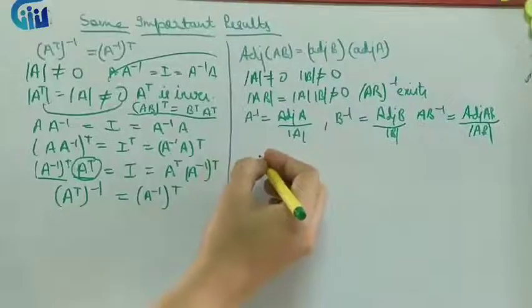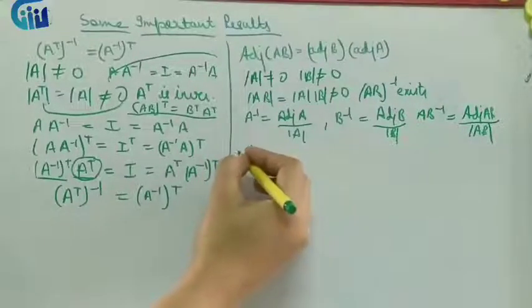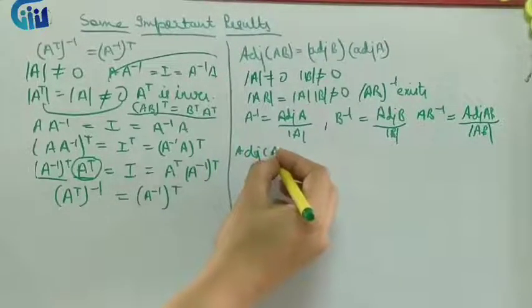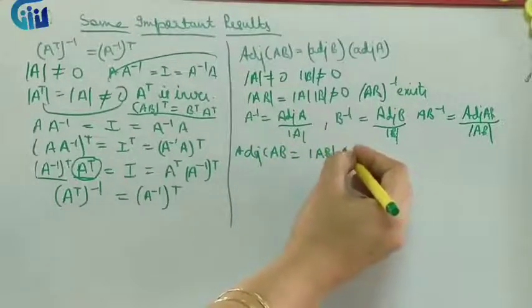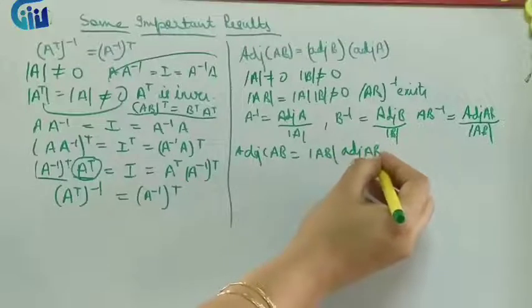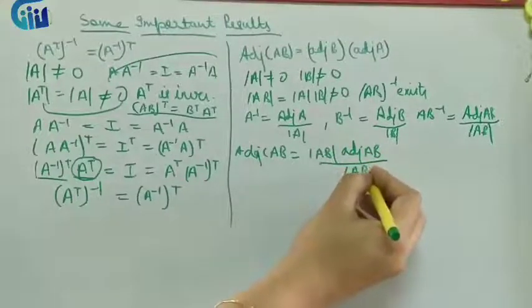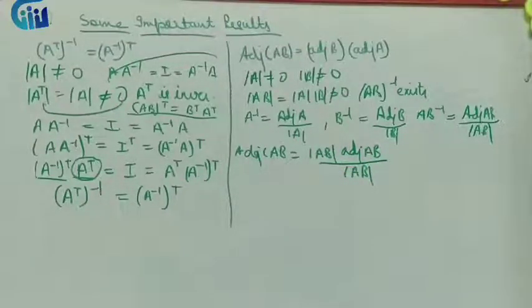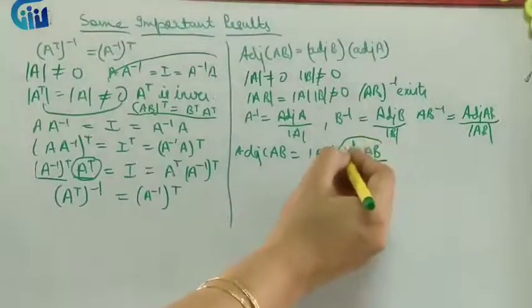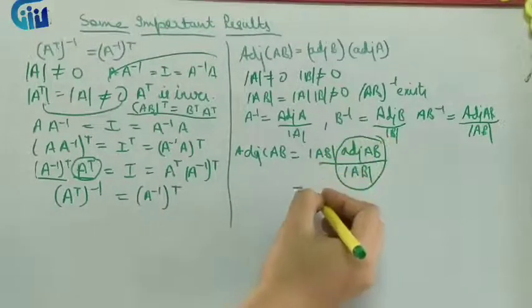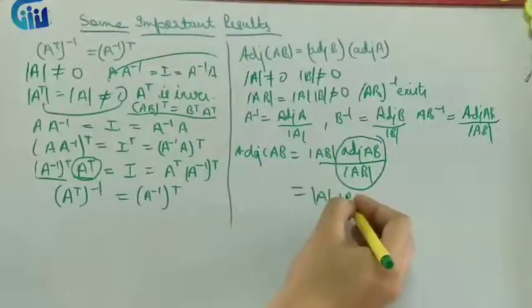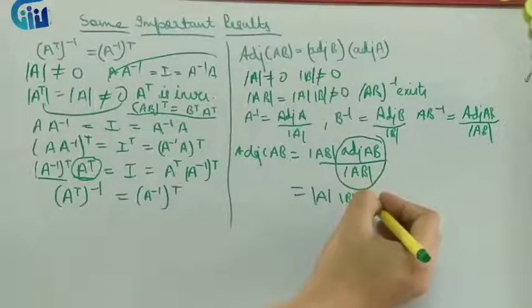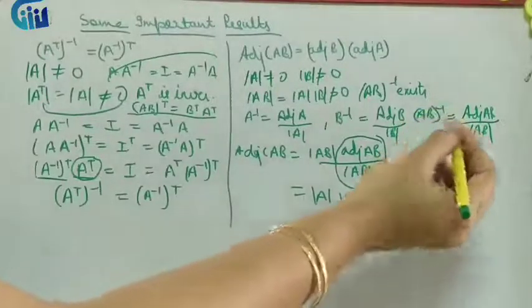Now I will start from adjoint of AB. Adjoint of AB, I will multiply and divide by the determinant of AB. Now what do we know? Determinant of AB can be written as determinant of A, determinant of B, and the rest can be written as AB inverse. So this is the inverse of AB.